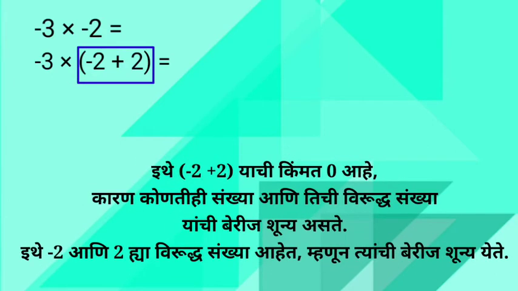Here the value of minus 2 plus 2 is 0 because the addition of any number and its opposite number is 0. Here minus 2 and plus 2 are opposite numbers, so their addition is 0.